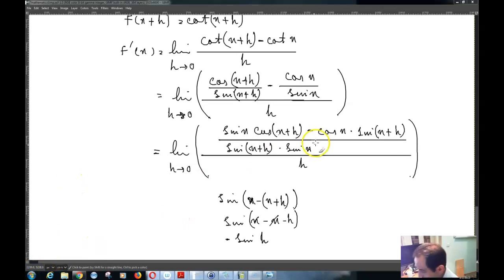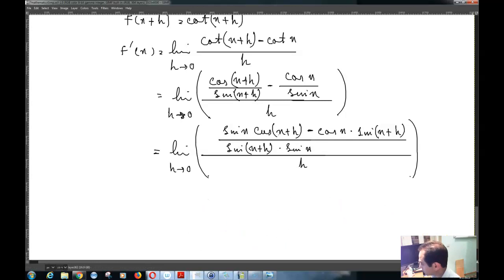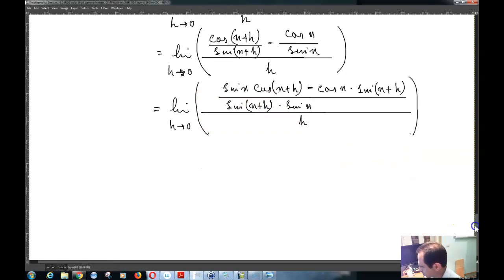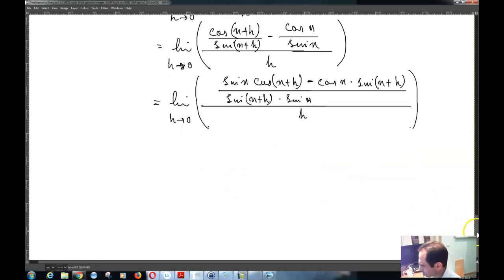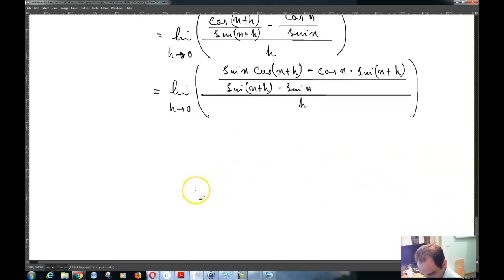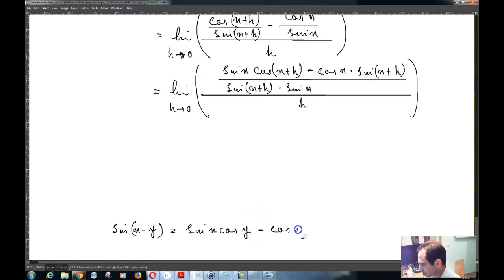Okay, so the way that you can simplify this thing is that in the trigonometry formulas that I showed you, I don't know if it was in this video or in the previous video, we said that sine of x minus y is equal to sine x cos y minus cos x sine y.